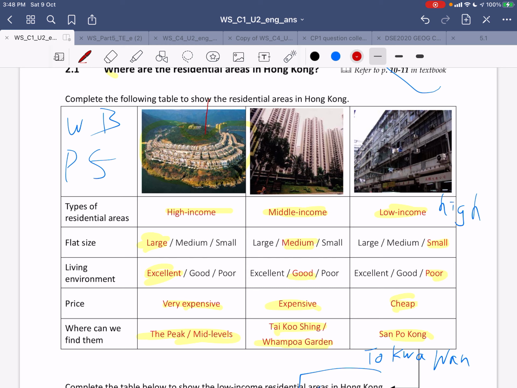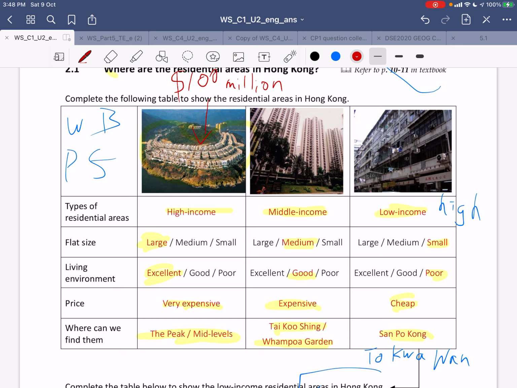At least you need 100 million, or 0.1 billion, for doing so. It takes a lot of money. And the examples are Mid-Levels and also the Peak, which we have just talked about.